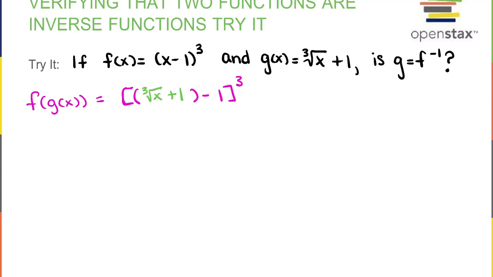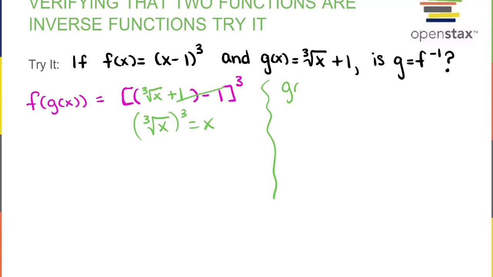So I can do the cube root of (x plus 1), and the plus 1 and minus 1 cancel, and then that's taken to the third power. I get x, so it looks like they are inverses, but let's double check it.